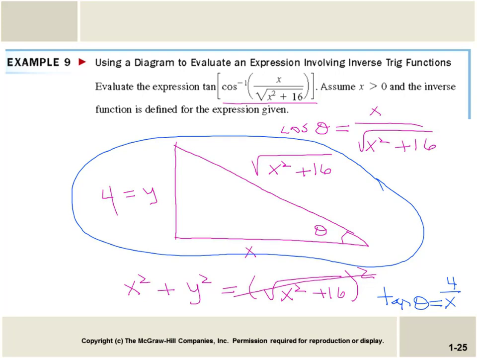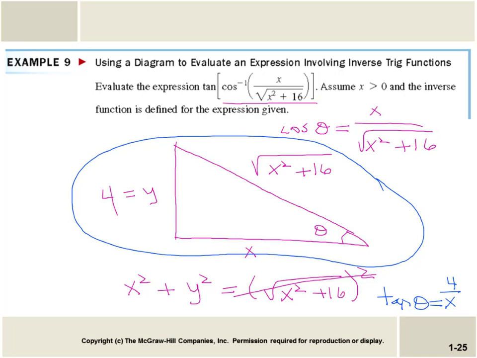But because x is positive, it has to be in quadrant 1. So since it's in quadrant 1, the y has to be positive as well. Even if it was negative x, assume x is negative, it would then be in quadrant 2.